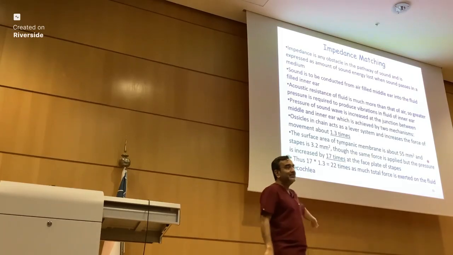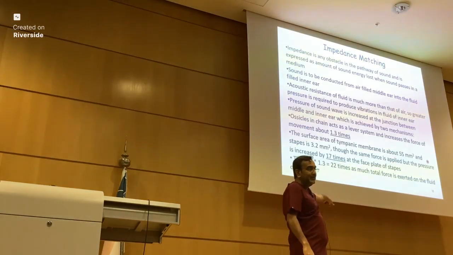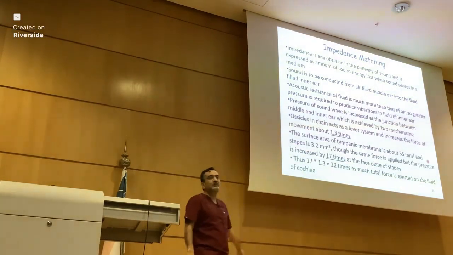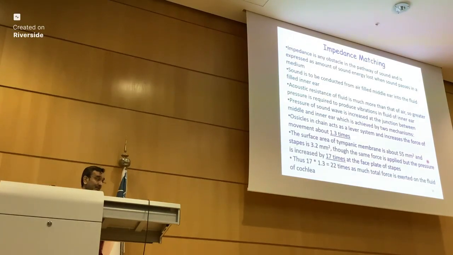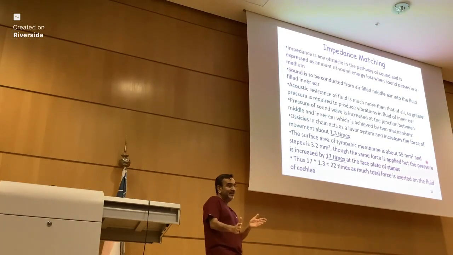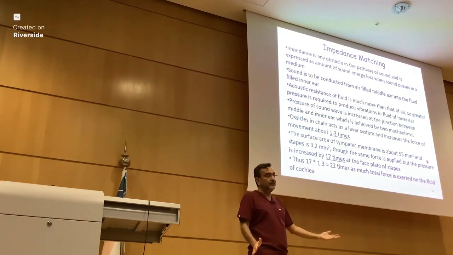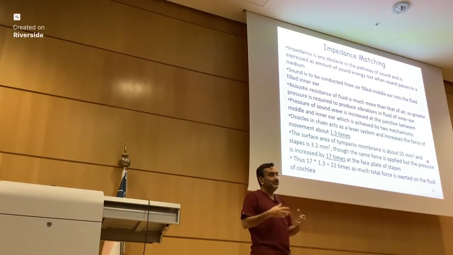Multiply this 17 by 1.3 and it makes around 20 times more than what was there in the air. So you are matching the impedance in the air versus in the fluid by putting this structure within the middle ear.